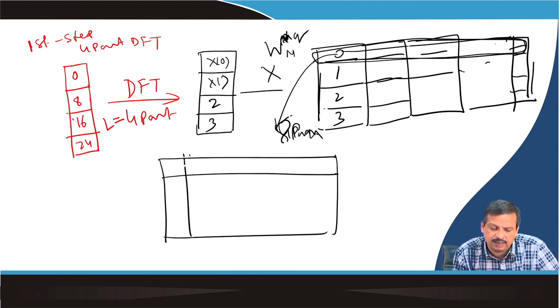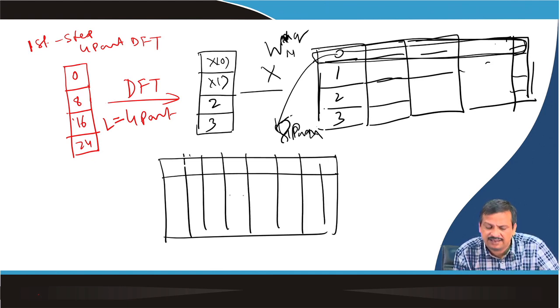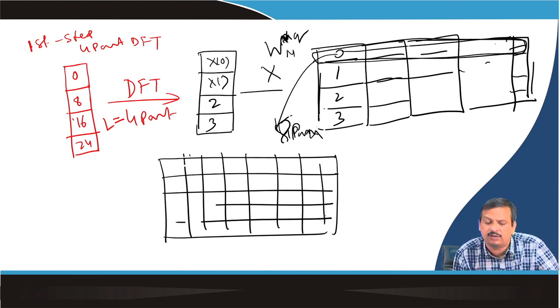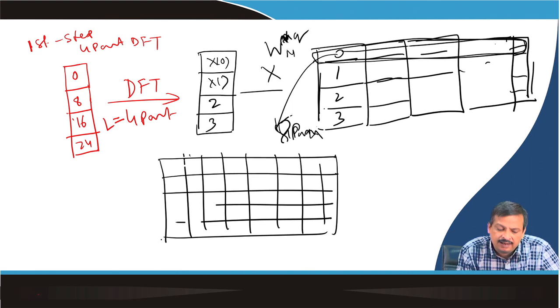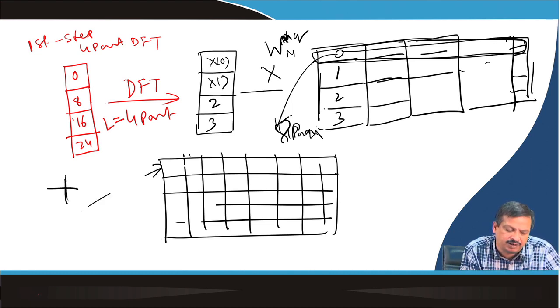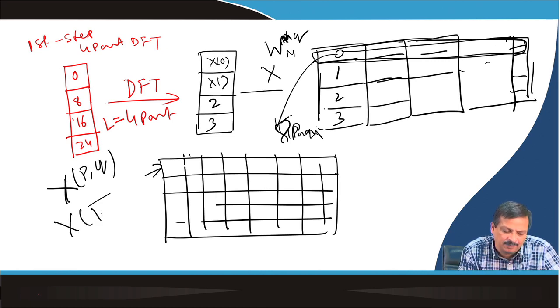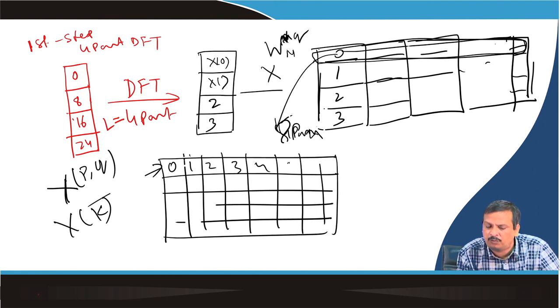So I get again, let us say 8. First row, second row, third row, fourth row I will get, and then I have to access the data x of PQ, or when I say x of K, then this will be 0, 1, 2, 3, 4, 5, 6, 7. It will not be like that.